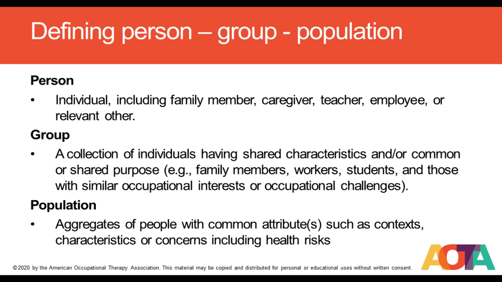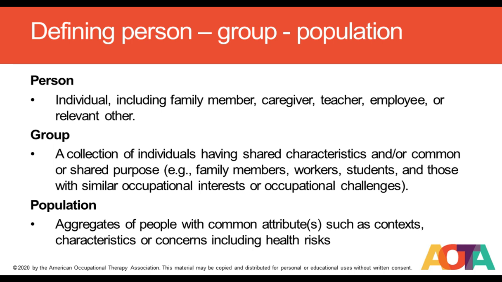Thanks, Julie. In OTPF4, clients are defined as persons, groups, or populations. As such, information about the client's wants, needs, strengths, context, limitations, and occupational risks is gathered and synthesized and framed from an occupational perspective.